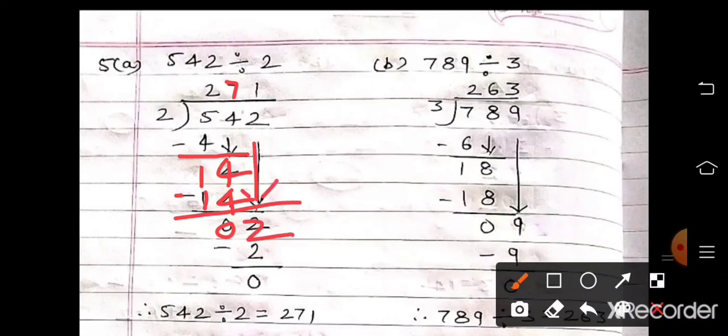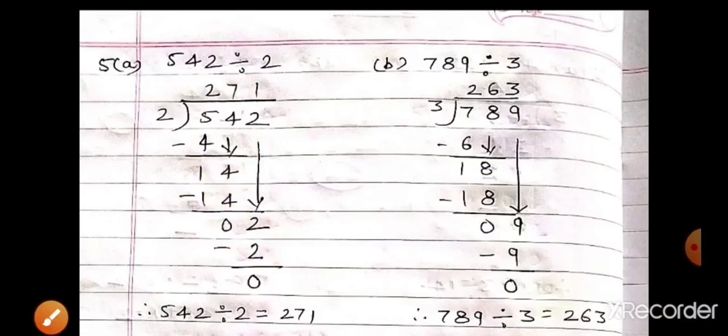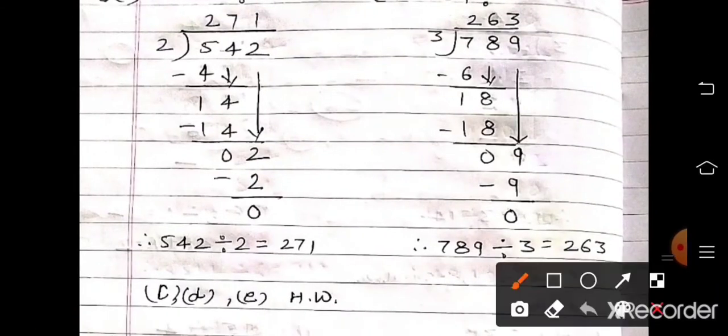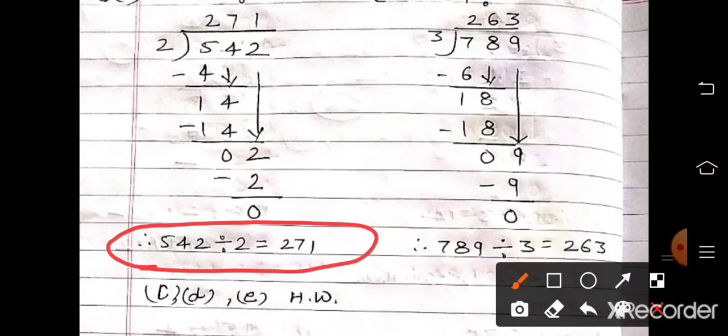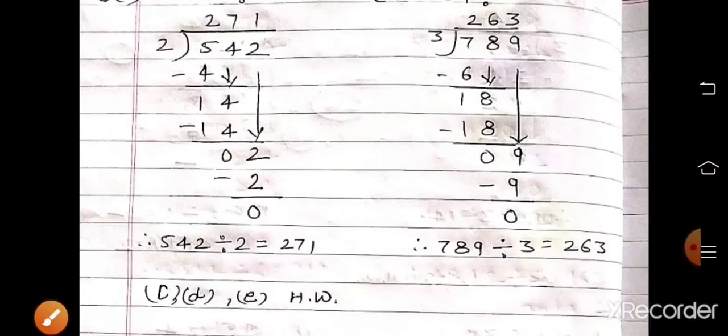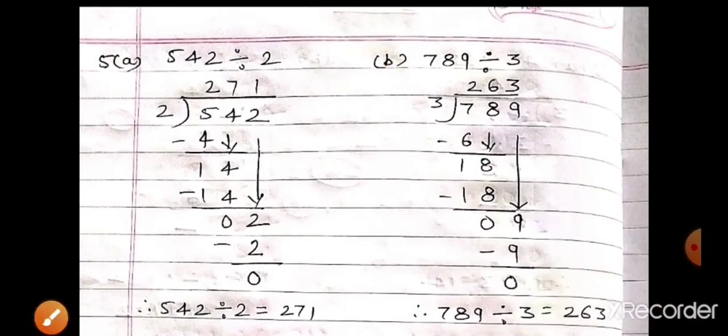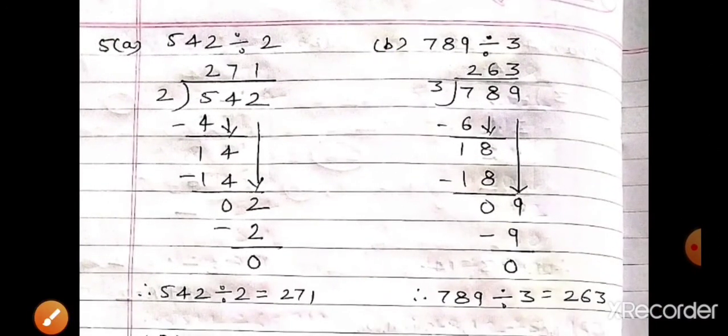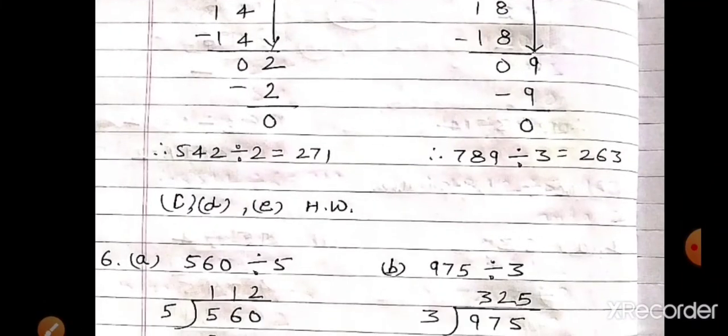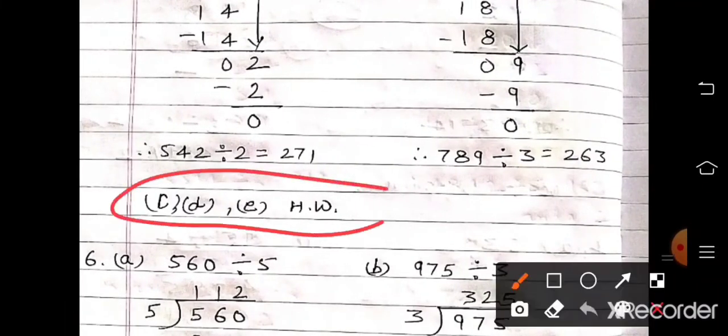Okay, now 2 1s are 2, minus, remainder is 0. Okay, so 542 divided by 2 equal to 271. Okay, now the B part I have done for you. So take help from here. Like this you have to do. Now C, D, E is your homework.